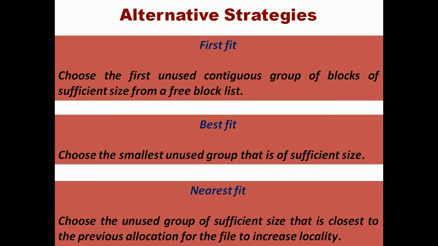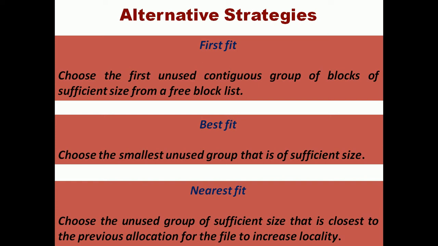In the first fit algorithm, we allocate the first freely available block to satisfy the request. In the best fit, we search for the smallest unused block which satisfies the particular size. That is called best fit.